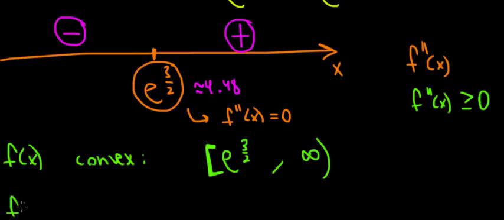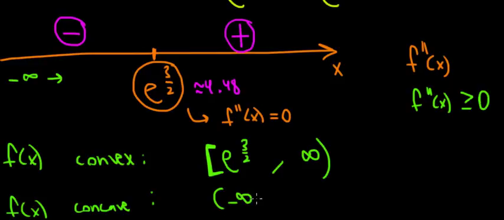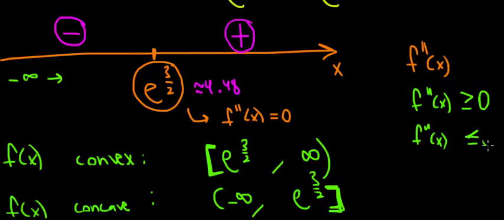And the function is concave from negative infinity until this point, e to the power of 3 over 2, and again we include the value because we want the range where the second derivative is less than or equal to 0. And that's it, we are done.